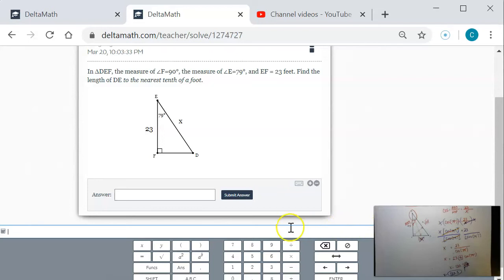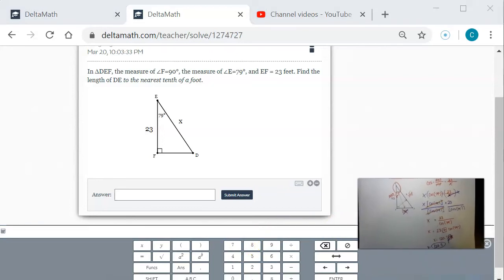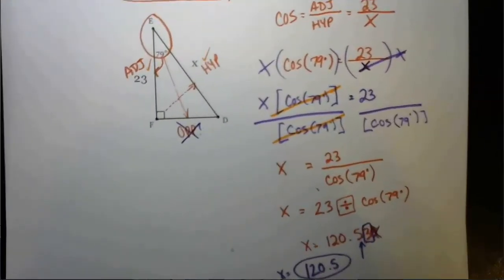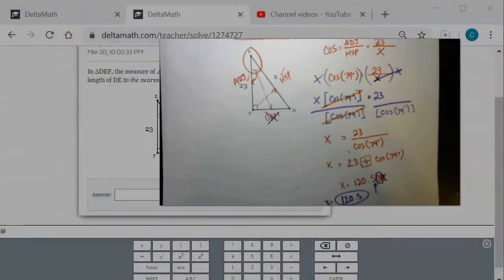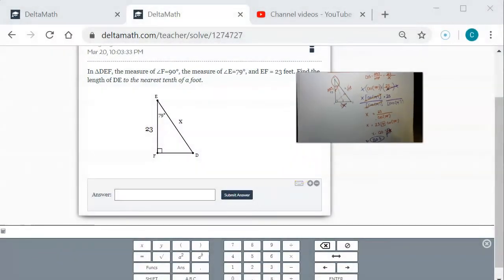Remember, it was 23 divided by the cosine of 79.